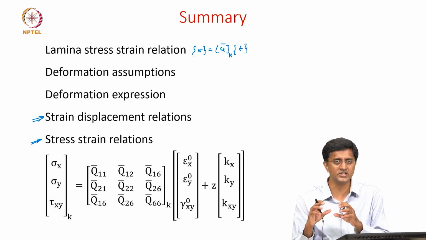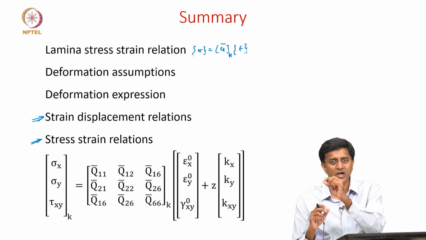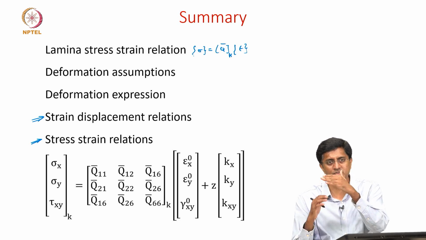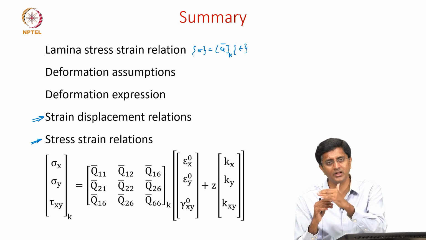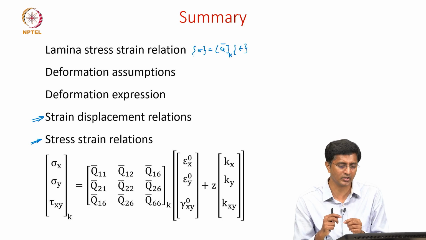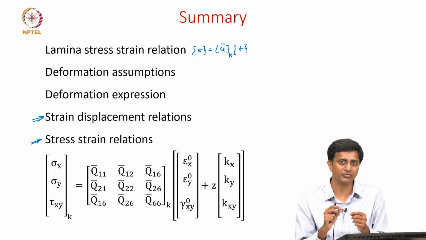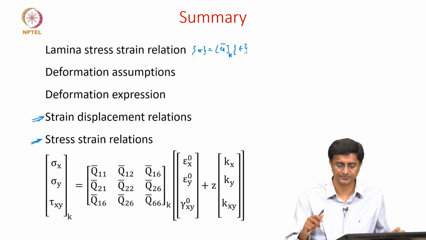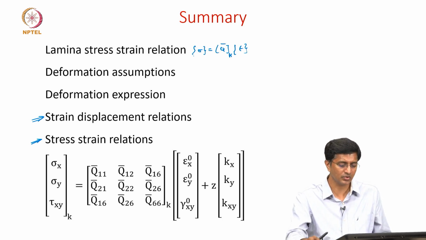Whereas for stresses, within each layer of the lamina, they are a straight line, varying linearly. But once you move from one layer to the other layer, there is a discontinuity in the stress. That needs to be taken into account, and that is one of the reasons why there are failures occurring at the interface. So with this we'll conclude.